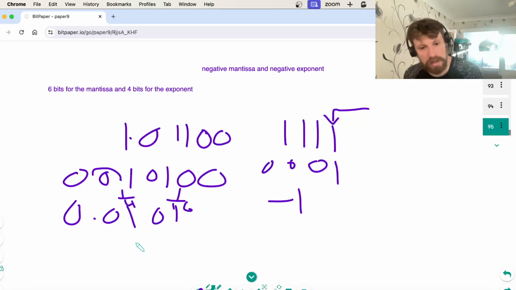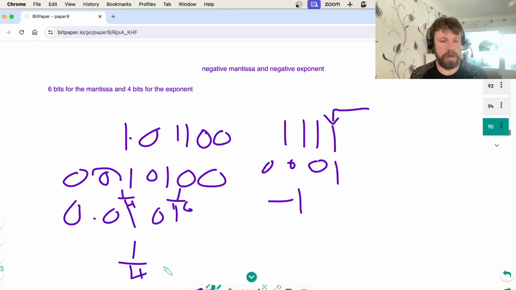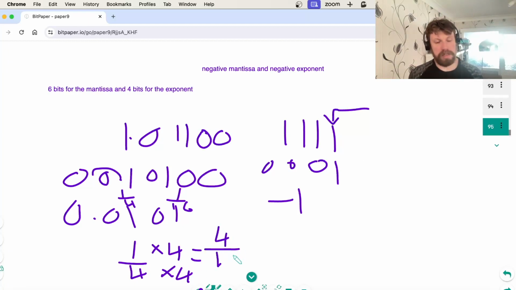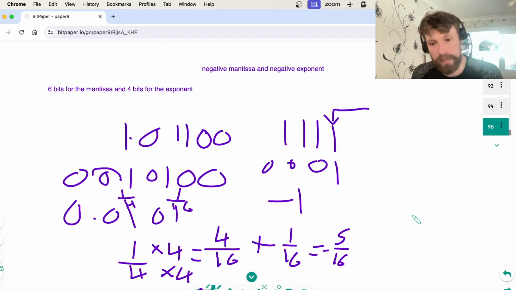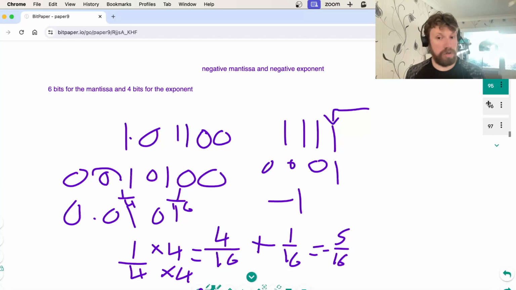Add those two together, so that's going to give us 1/4 times 4, because we need to get the denominators the same, which is going to give us 4 over 16 plus 1 over 16 gives us 5 over 16. And that's going to be a negative number there. Now, just remember to put the negatives in there. So that is the final one that we have to do. That's all of the possibilities that could come up.